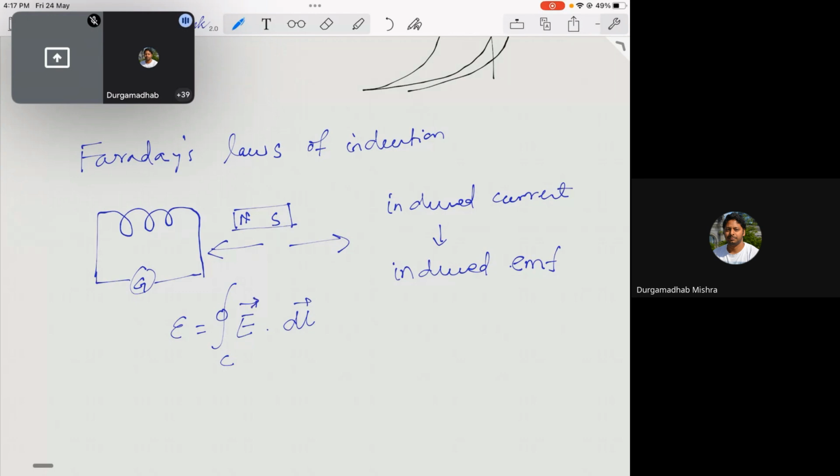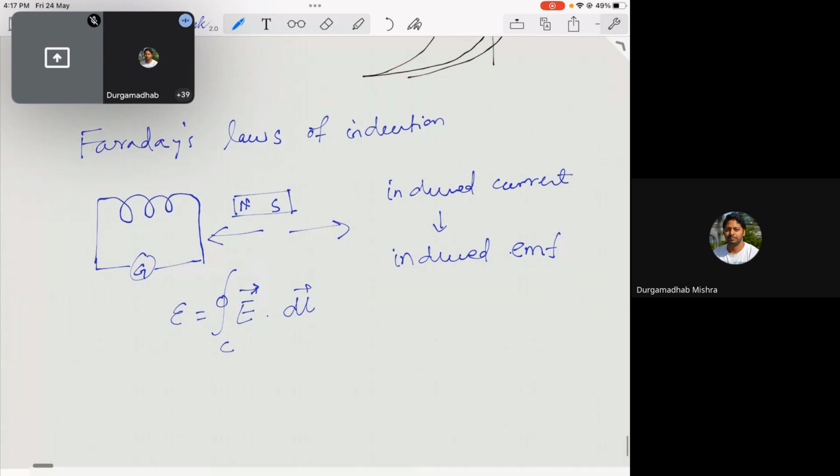But as we know from the electrostatic case, if I have only a charge distribution, this E dot dl will be 0 in a closed loop. But in this case, it is not 0. Why? Because this electric field is produced by the changing magnetic field.